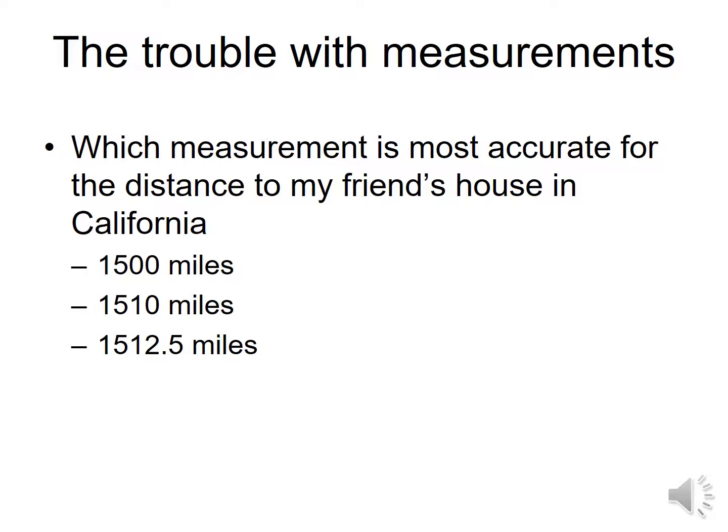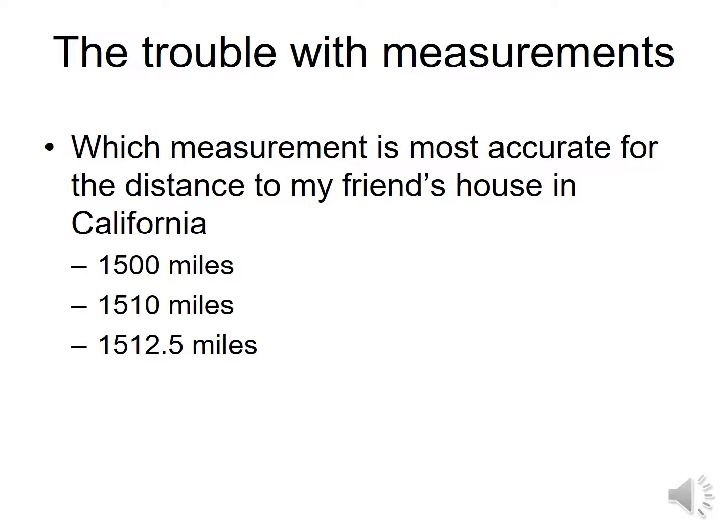If I asked you which measurement is most accurate for the distance to my friend's house in California, knowing that I live in Illinois and that California is about halfway across the country, and that from New York to LA is known to be about 3,000 miles, and that we're about halfway in between, I might say that it's 1,500 miles to my friend's house in California. Maybe I go on Google Maps and I Google map the distance between my house and my friend's house in California, and it tells me it's 1,510 miles.